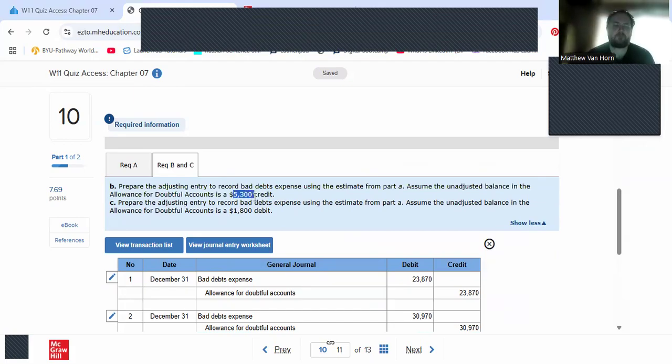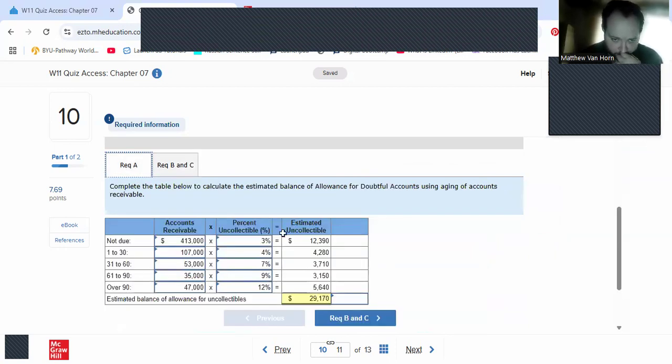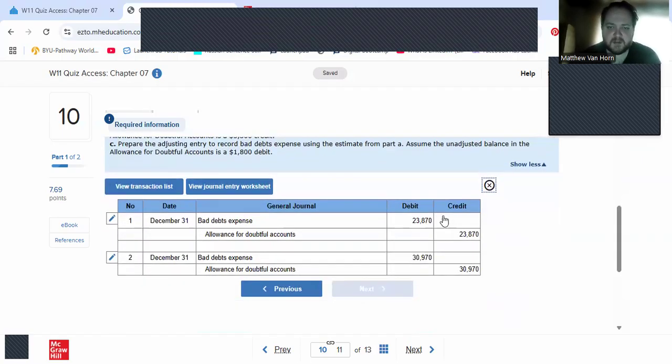It says assume the unadjusted balance in the allowance for doubtful accounts is a $5,300 credit. So basically you just subtract this number, 5,300, from our 29,170 estimated balance of allowance for uncollectibles. And that's what gives you this number.